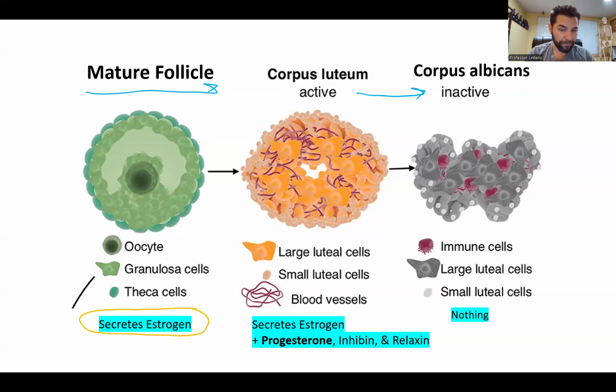The corpus luteum, those remaining cells, turns into like this puffy cloud looking thing, secretes, and this is important, estrogen, progesterone, inhibin, and relaxin. That's important, right? These will serve a certain purpose when we look at the next slide. And then the corpus albicans does nothing. He goes away, right?